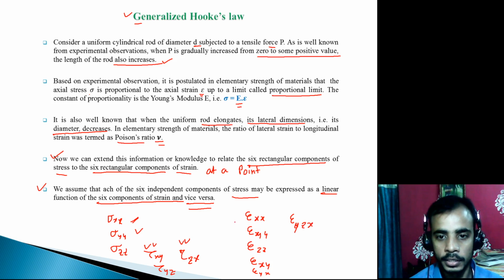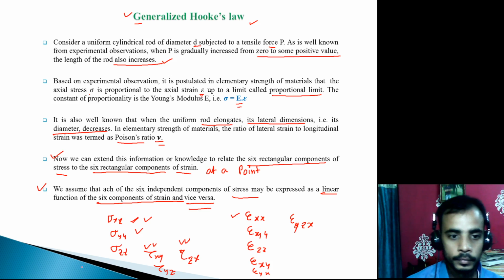So these are the 6 strain components, these are the 6 stress components. So they are related linearly, and those relations are known as the generalized Hooke's law.